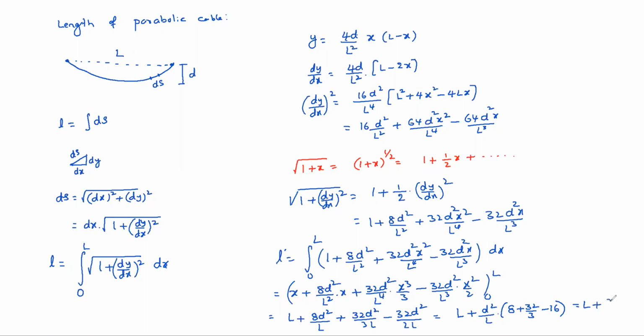So L plus 8 by 3 into d square by L. So finally we got this one: length of the cable, small l equal to capital L plus 8 by 3 into d square by L. You should remember this formula.